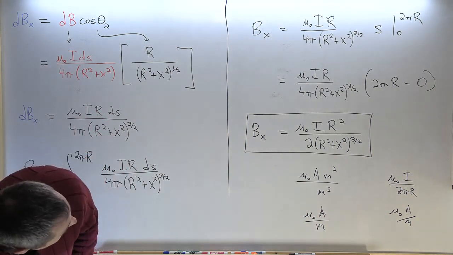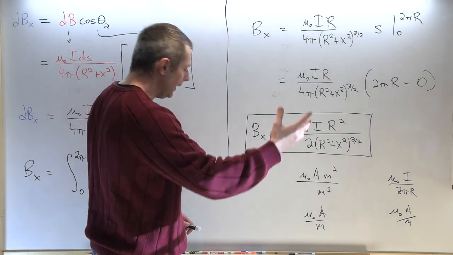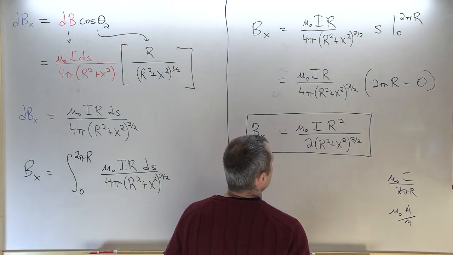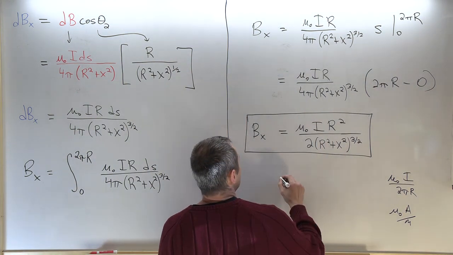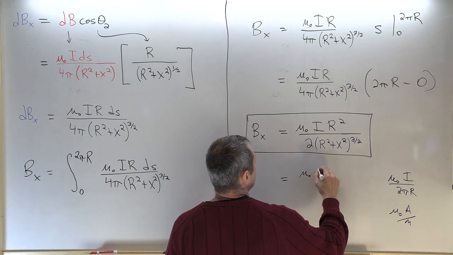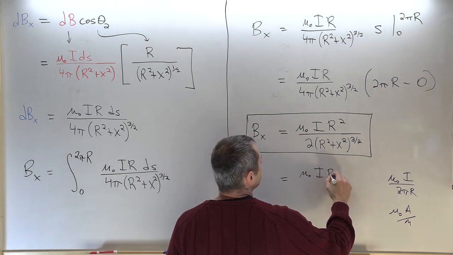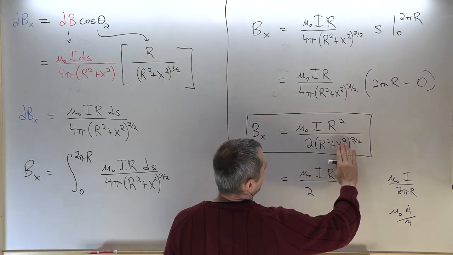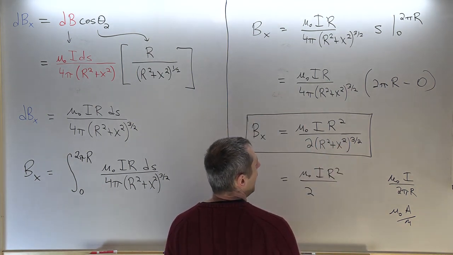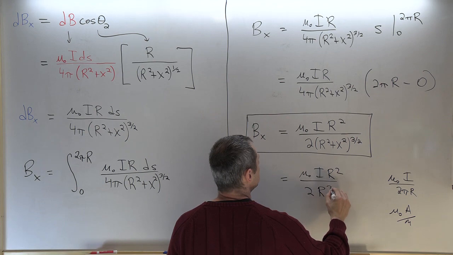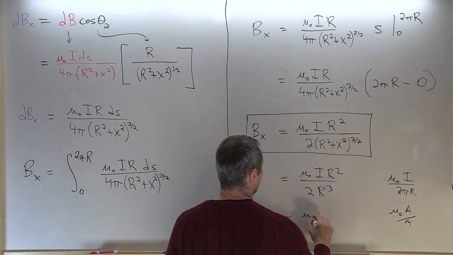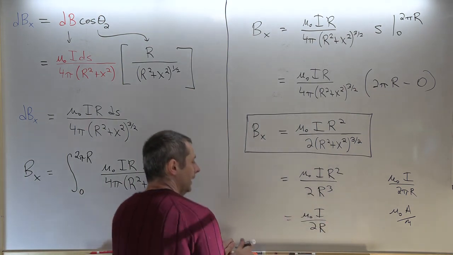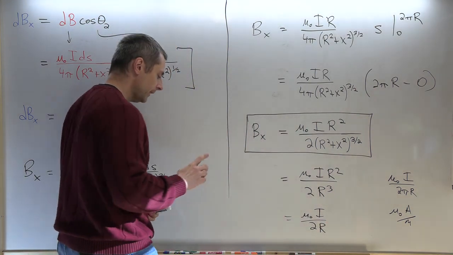This should give us the same answer that we got in example 1. So what happens? Mu 0 I r squared over 2. If you plug in x equals 0, you have r squared to the 3/2 power, which is just r cubed, and it simplifies to the same formula we had in example 1, as it should.